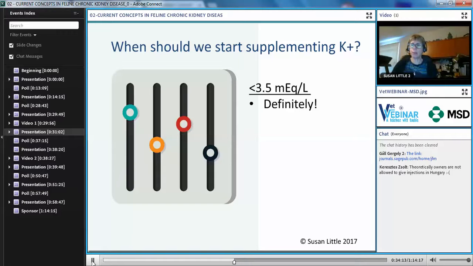So there is not very clear guidance on when we should start supplementing potassium.